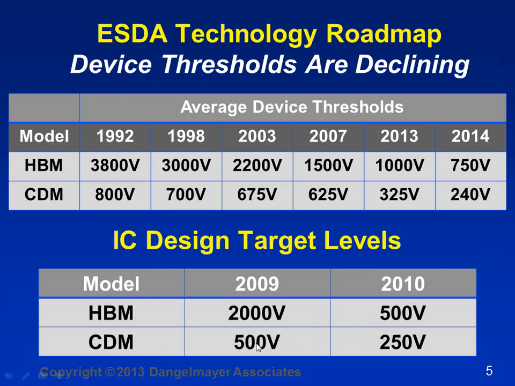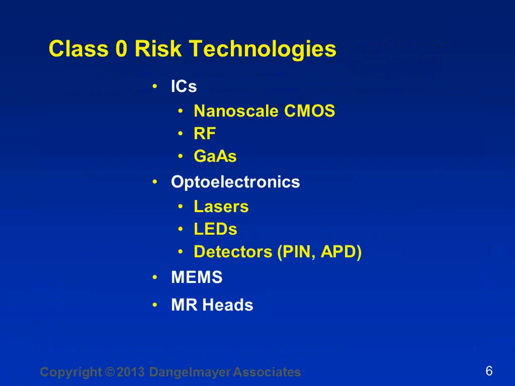Looking at these numbers, you see that for CDM their target level for design is class 0. It's at 250 volts. So going into the future, you can expect more and more of these class 0 device sensitivities, especially for CDM. And of course, HBM will also have many class 0 devices.